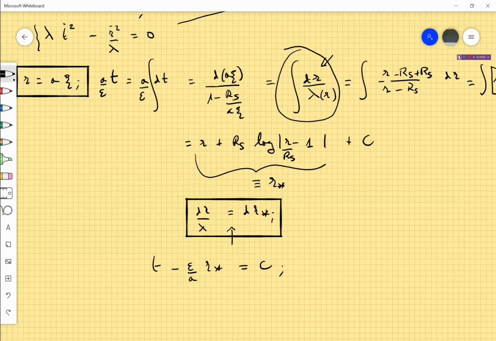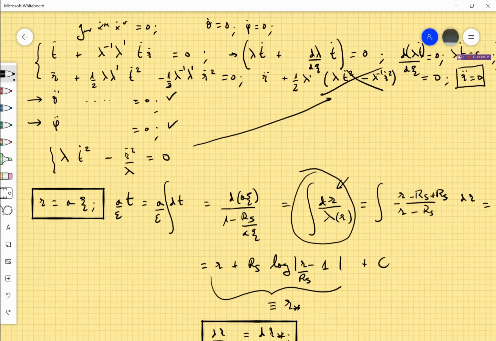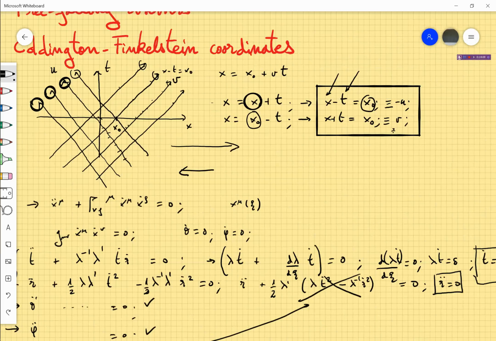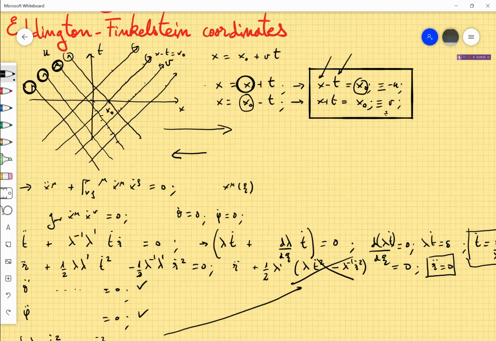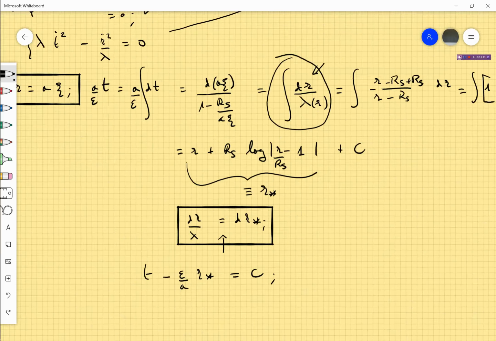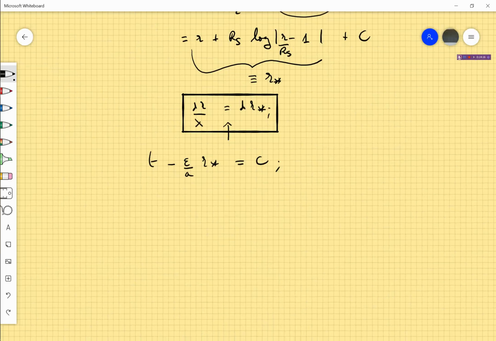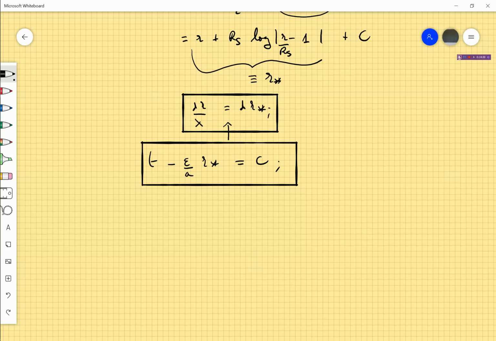And this expression should remind you of the example that we studied here. Maybe the order in x and t is not the same, but the spirit is certainly the same. These are the implicit forms of the null radial geodesics in Schwarzschild space-time.